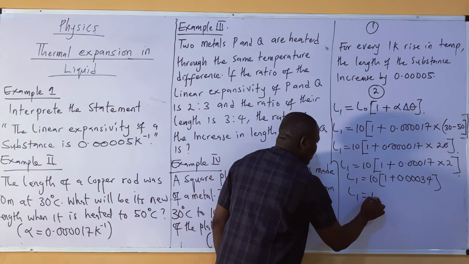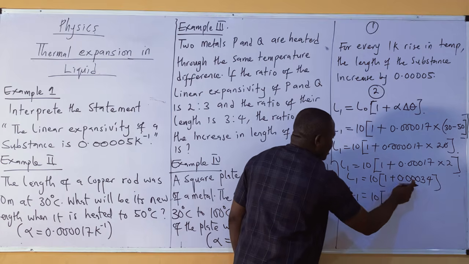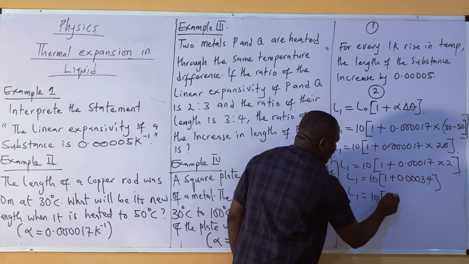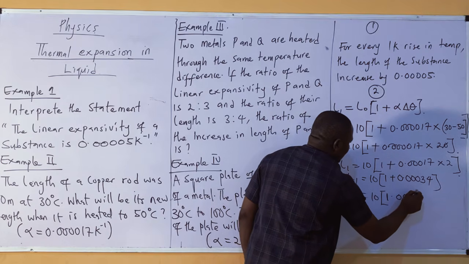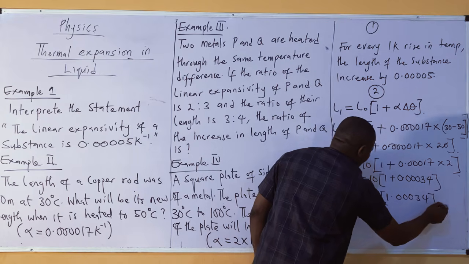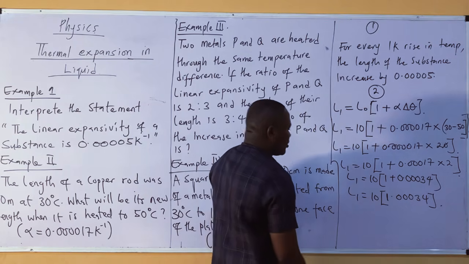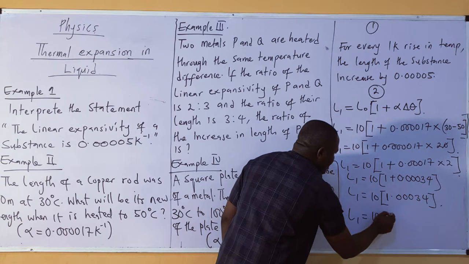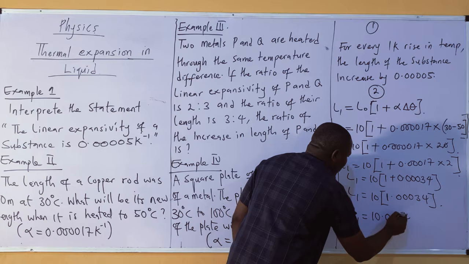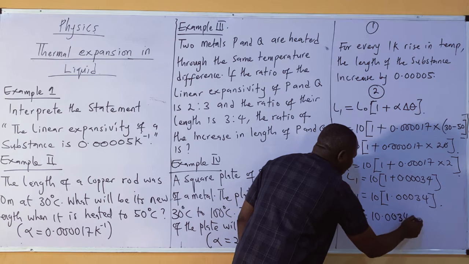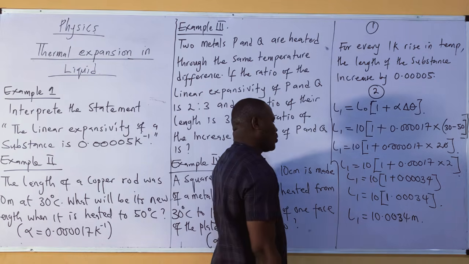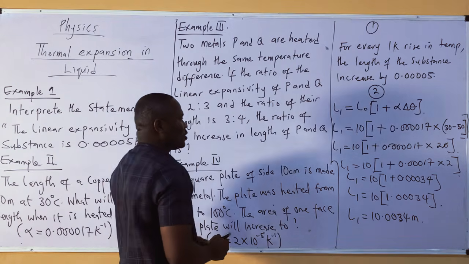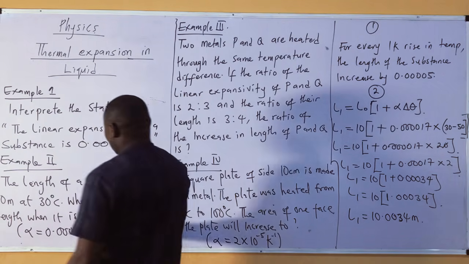So what's L1 equal to? 10 open bracket, this plus this becomes 1.00034. So this times 10, what becomes my L1? L1 will now be 10.0034 meters. So this is now the answer to my new length.